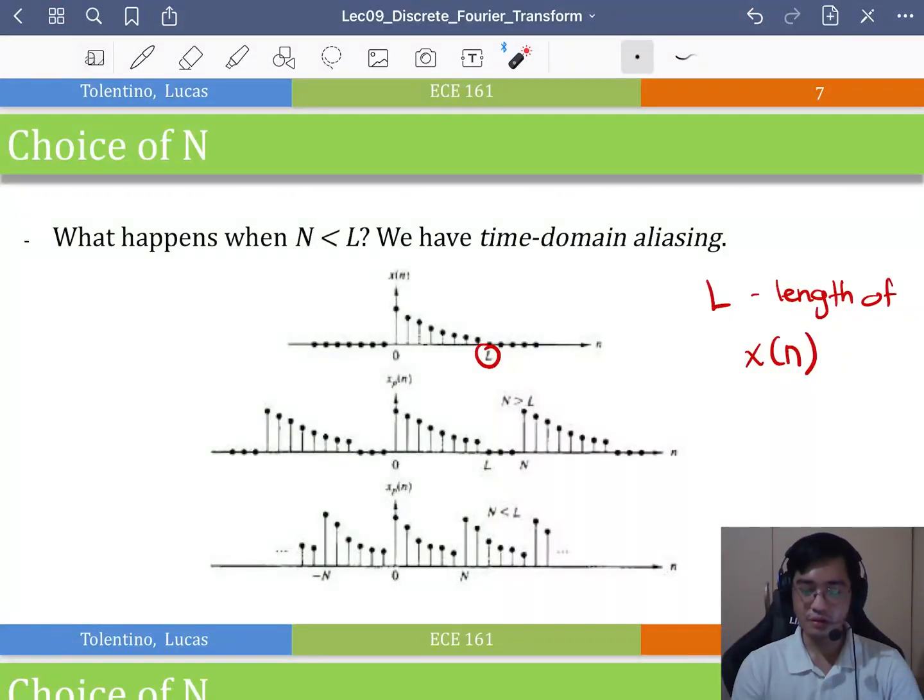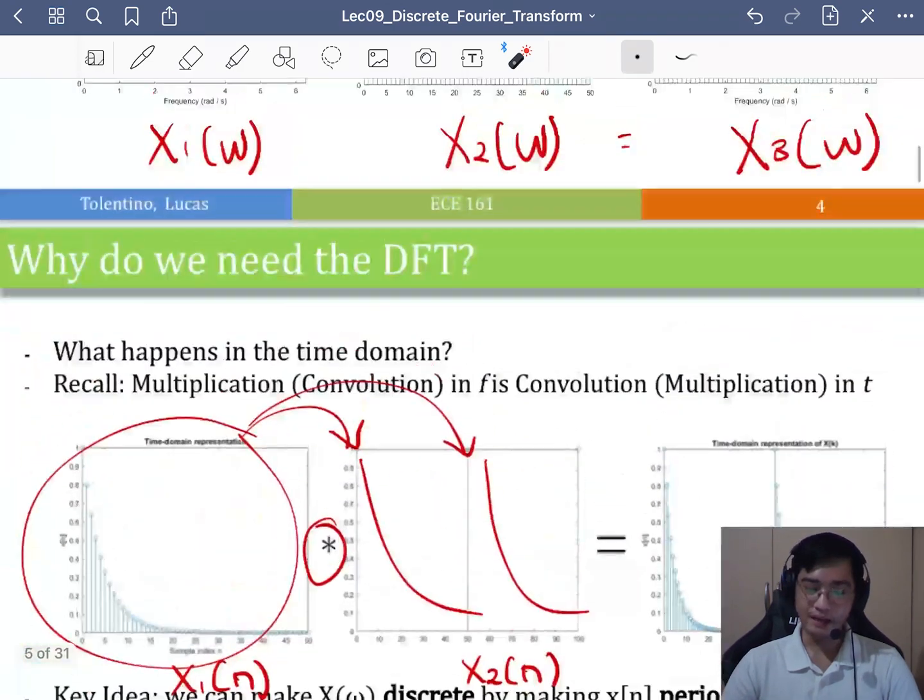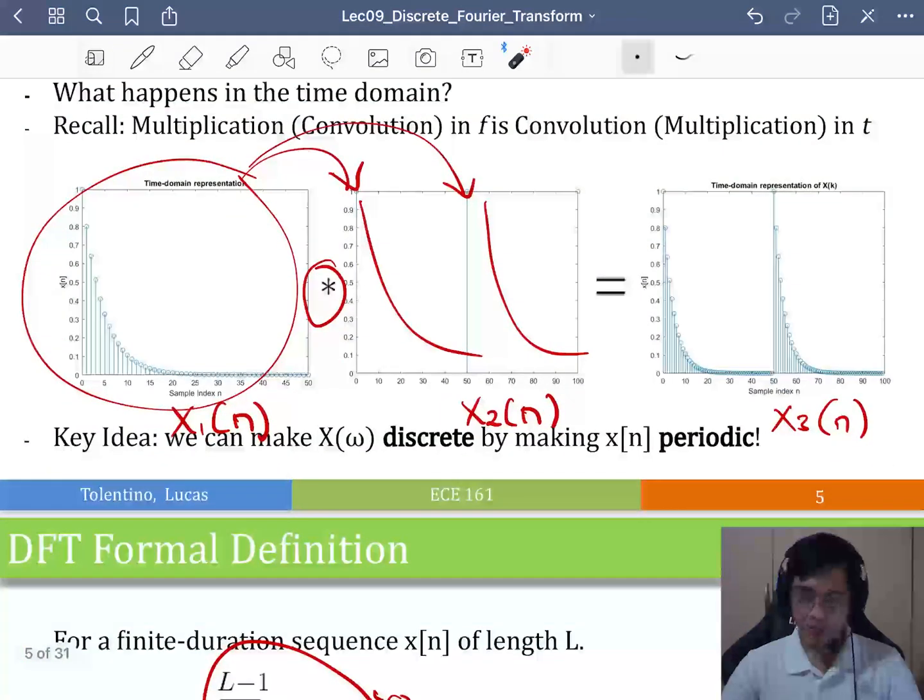If we choose N, for example, N less than L, recall that N is the period with which we convolve.